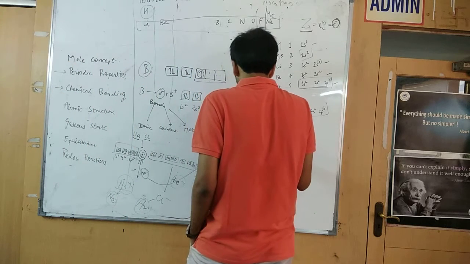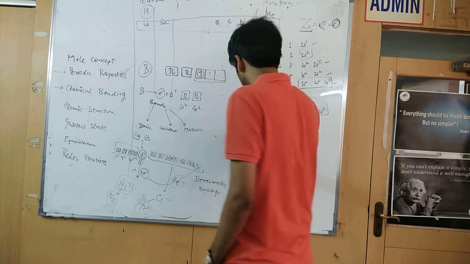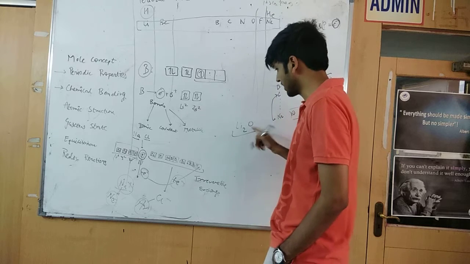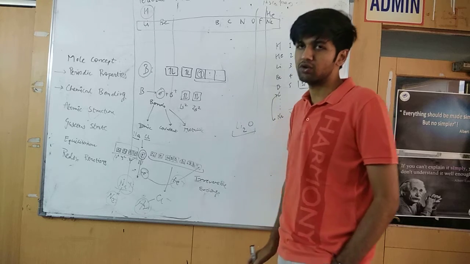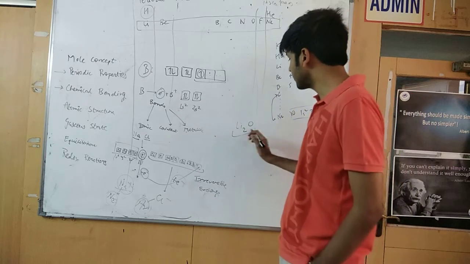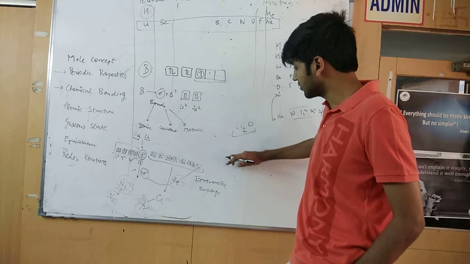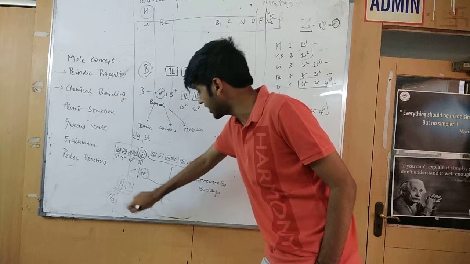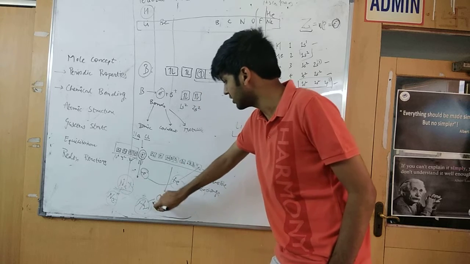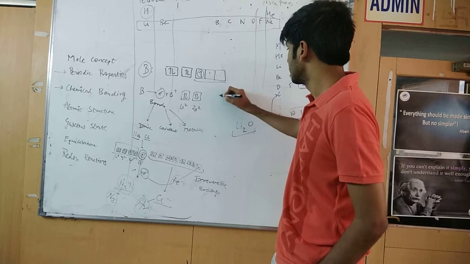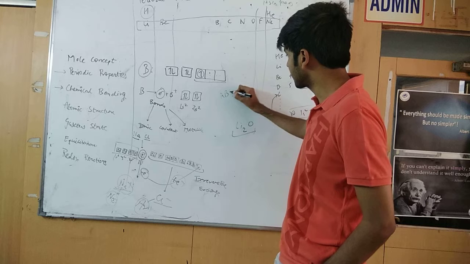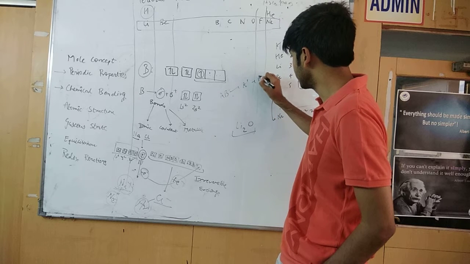If I take the example of Li2O, can you draw how the electron exchange will happen? First of all, can you tell me which kind of ions will be formed? These are called ions, right? Cation and anion. If A and B are making a bond, A plus and B minus.